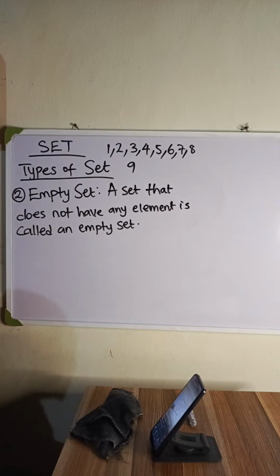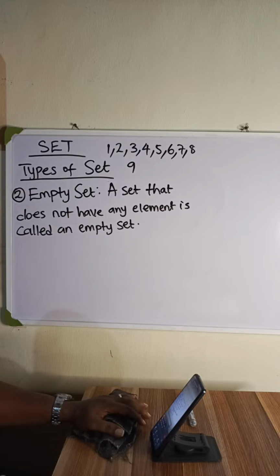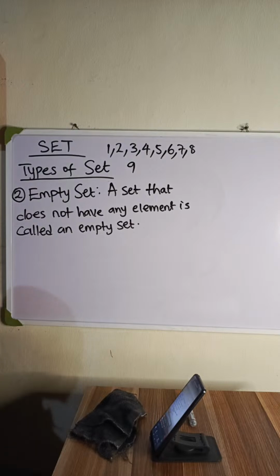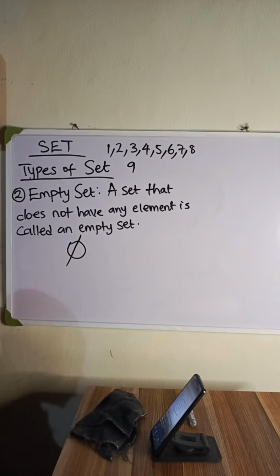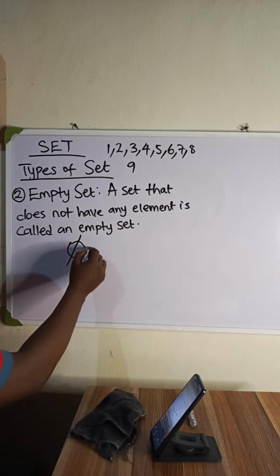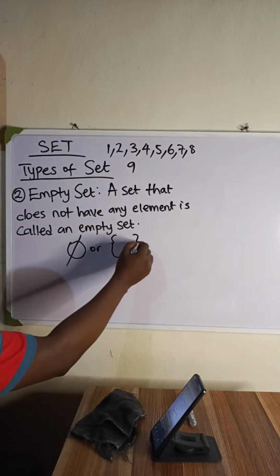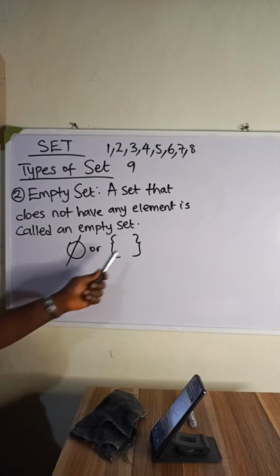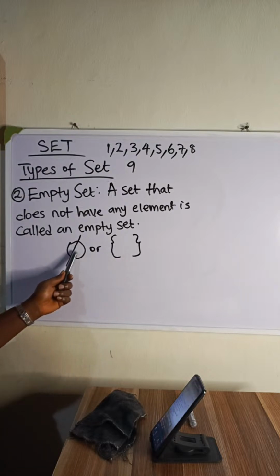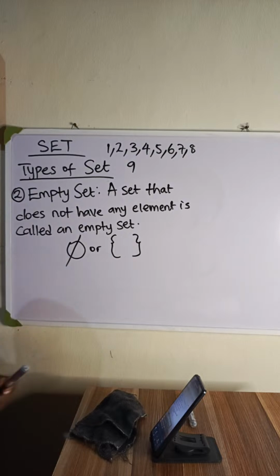So an empty set is a set that does not have any element. The symbol is this one, or you can write it this way. Since there is no value here, this shows that this is an empty set.